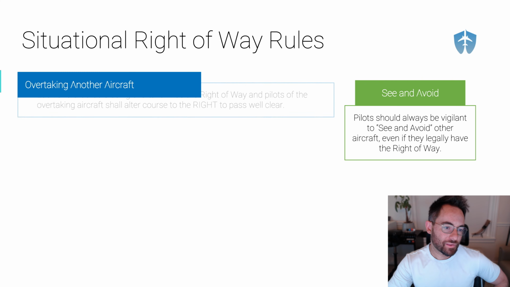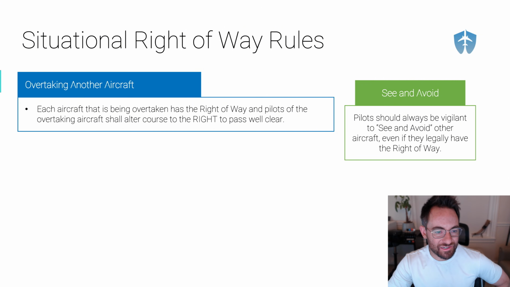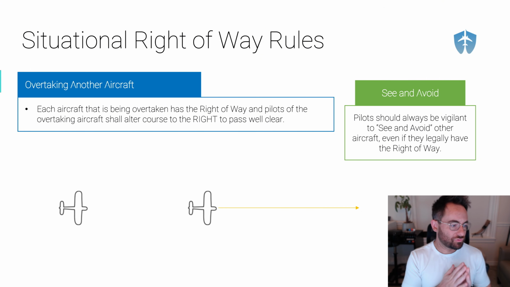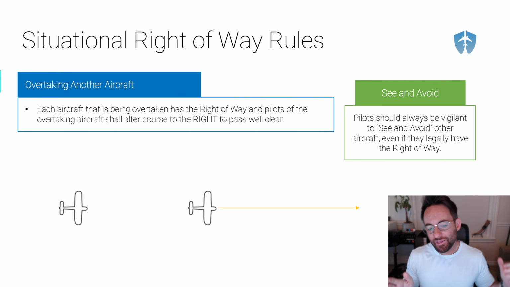Okay. Overtaking another aircraft. Each aircraft that is being overtaken has the right of way, and pilots of the overtaking aircraft shall alter course to the right to pass well clear. What we're talking about here is, let's just take airplanes for example, you've got two airplanes flying along the same course. Maybe you're on a Victor Airway, whatever it may be.